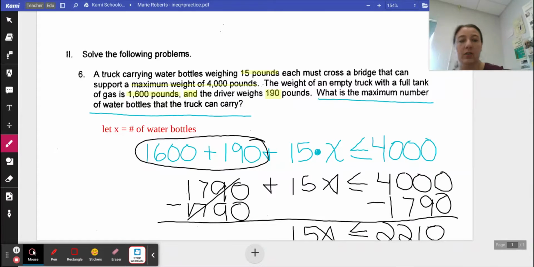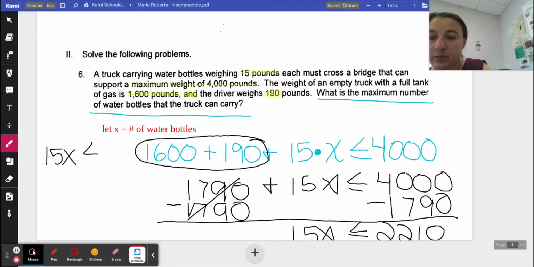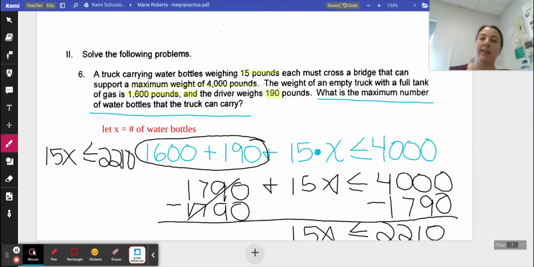And I'm not perfect, so I'm going to recopy that because I ran out of space. I got 15x. I added and subtracted, which doesn't make my inequality sign flip. So I'm just going to keep that sign less than or equal to. And then after I get rid of any adding or subtracting, I'm going to divide off to get rid of the times 15.